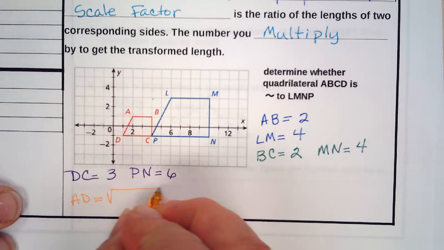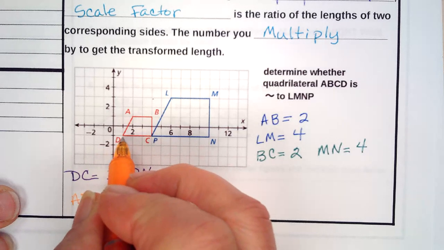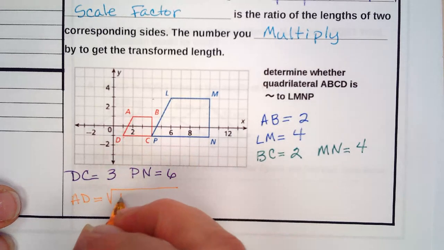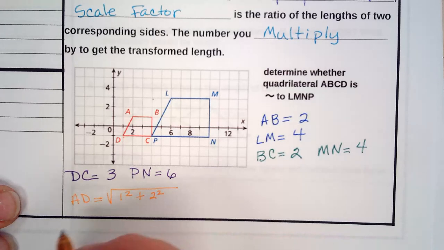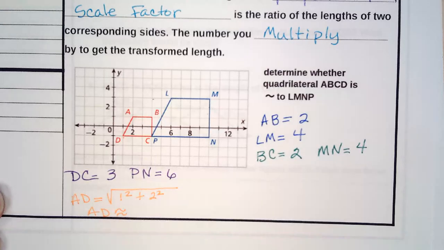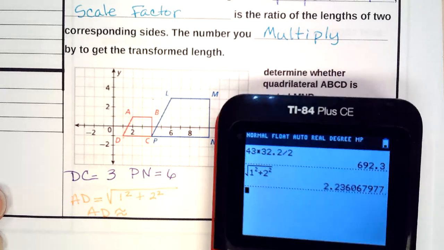The square root of, my x here is 1 and my y is 2: 1 squared plus 2 squared. And this time we're going to get an approximation. That's approximately 2.24.